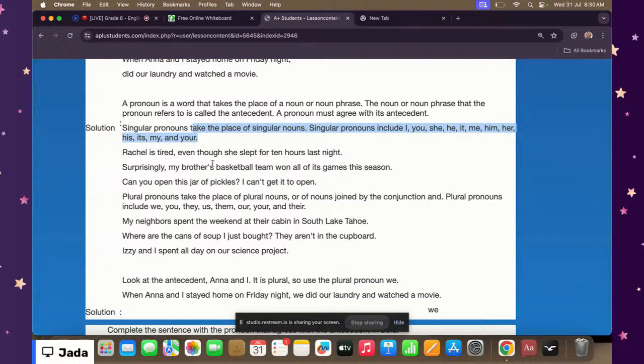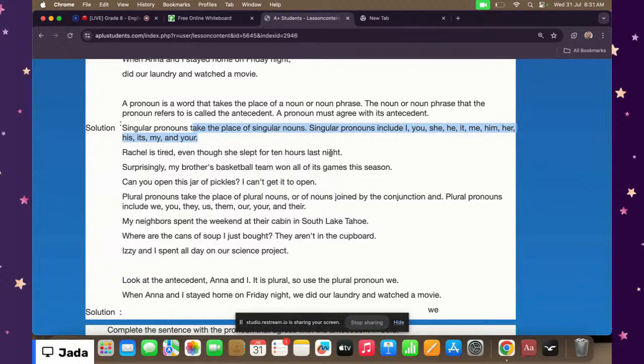Rachel is sad even though she slept for 10 hours last night. So now, she and Rachel. Rachel is singular, right? So the antecedent and the pronoun, which is she, must agree in that sentence. They must have a connection. If they do not have a connection, that means something is wrong.